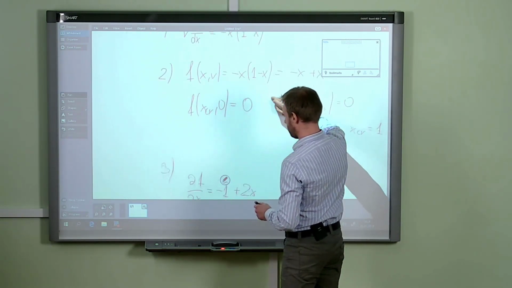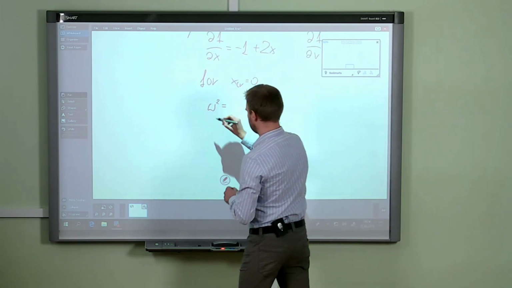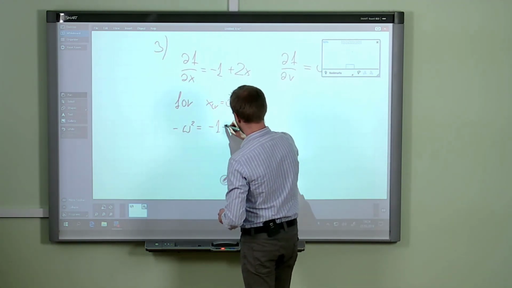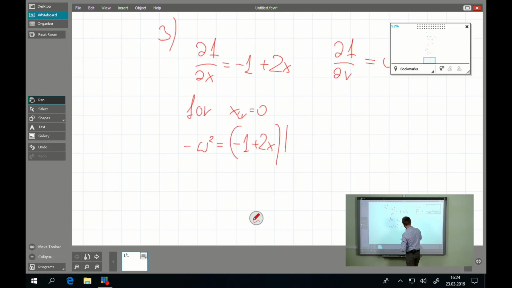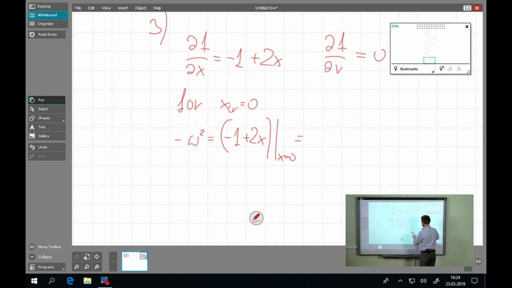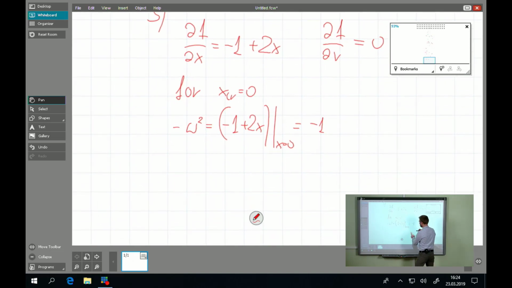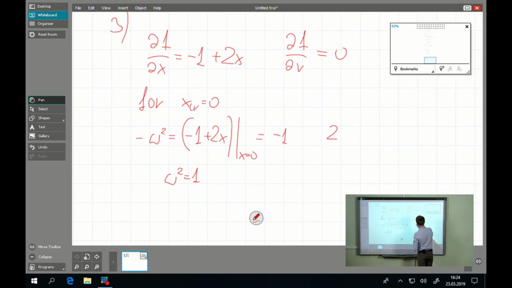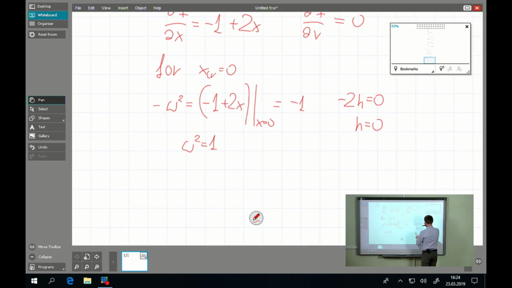That component, minus omega square, will be exactly equal to minus 1 plus 2x at the point x equals 0. It means that it will be minus 1. It causes omega square to be 1. From that point of view, 2h will be constantly 0. It means minus 2h will be constantly 0. It means that h is 0.